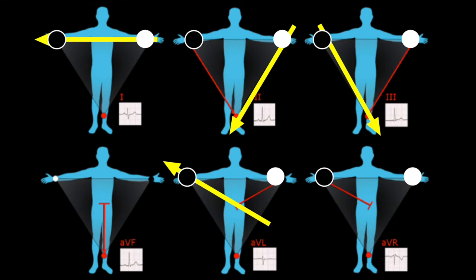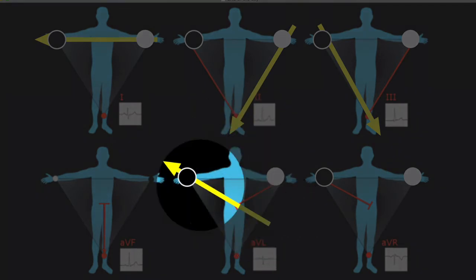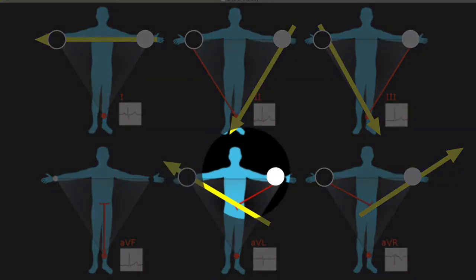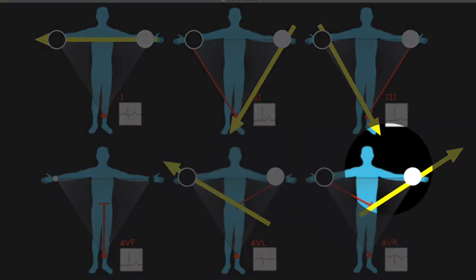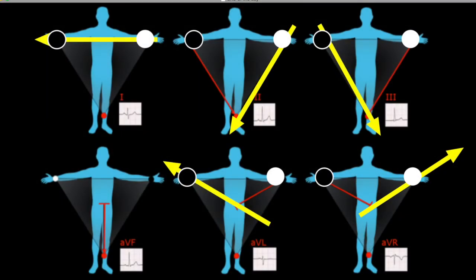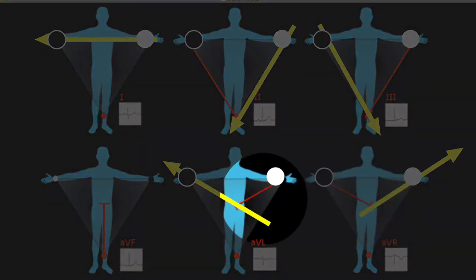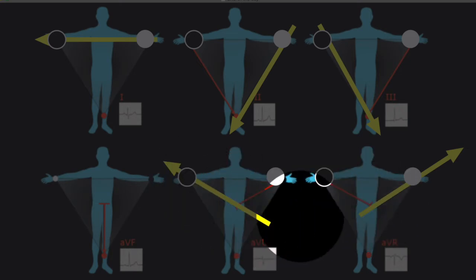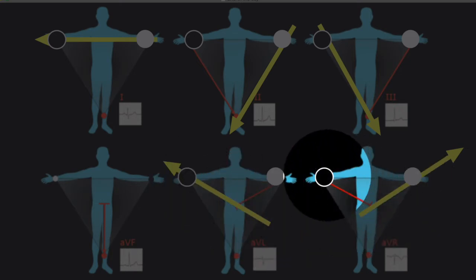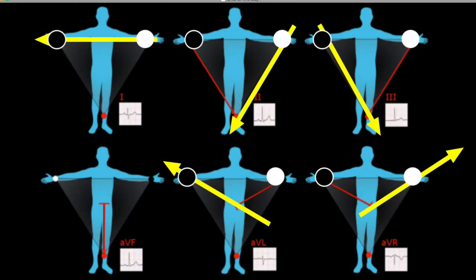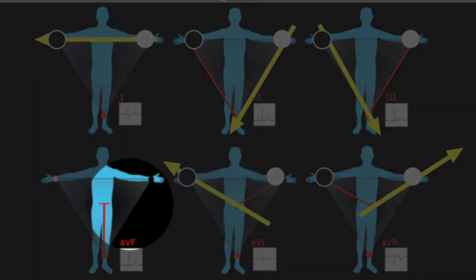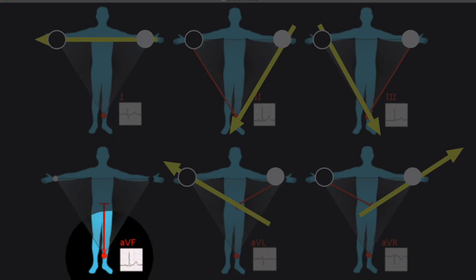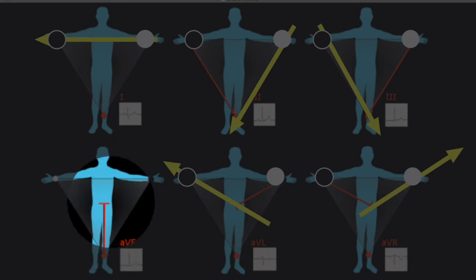AVR here looks like the way AVL usually looks, and AVL here looks like the way AVR used to look. And by the way, AVF goes only from the center of the body down to the foot, and you didn't change the foot placement, so that stays the same.